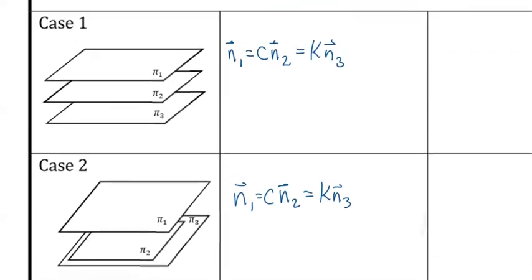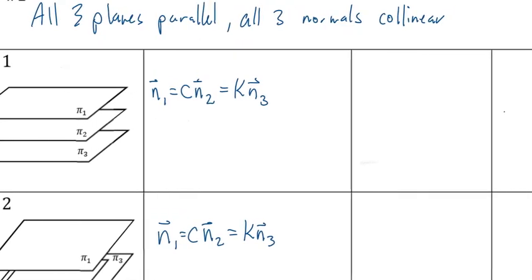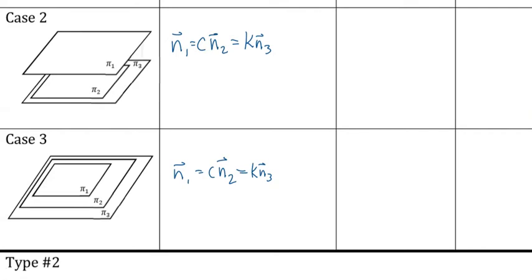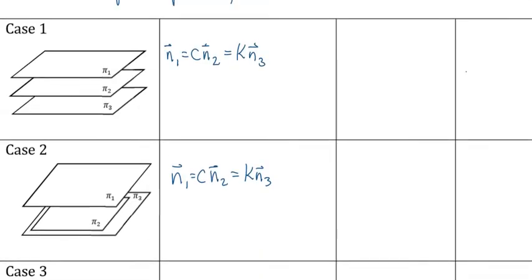So what is true of the d values, the difference between case 1, case 2, and case 3? This is where you're going to differentiate between the three. Case 1, they're all different. Case 2, two of them are the same, the other is different. Case 3, all three aren't necessarily the same, but they are also scalar multiples of each other.